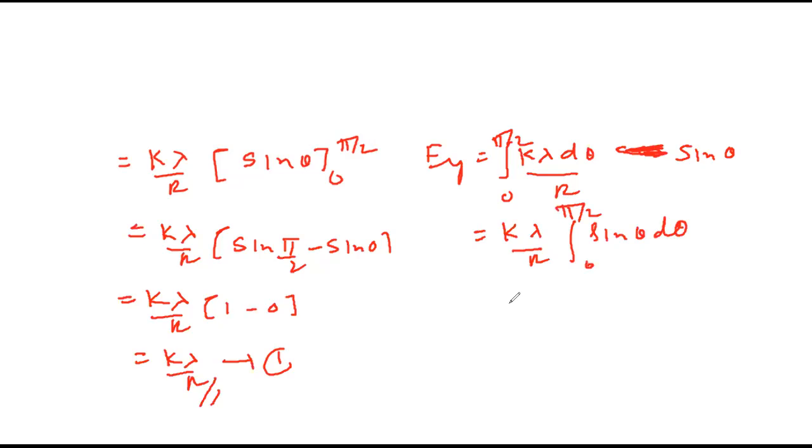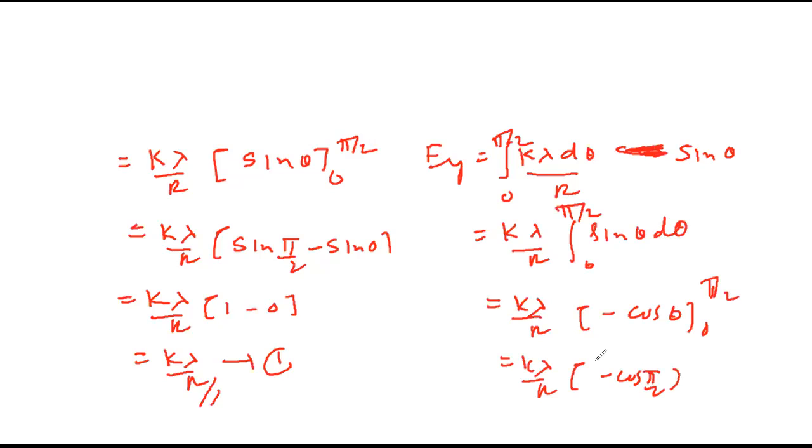That is k lambda by r, minus of cos theta from 0 to pi by 2. So that is k lambda by r, minus cos pi by 2 minus of minus cos 0. Cos 90 is 0, and this is minus minus plus, cos 0 is 1. So it comes k lambda by r.